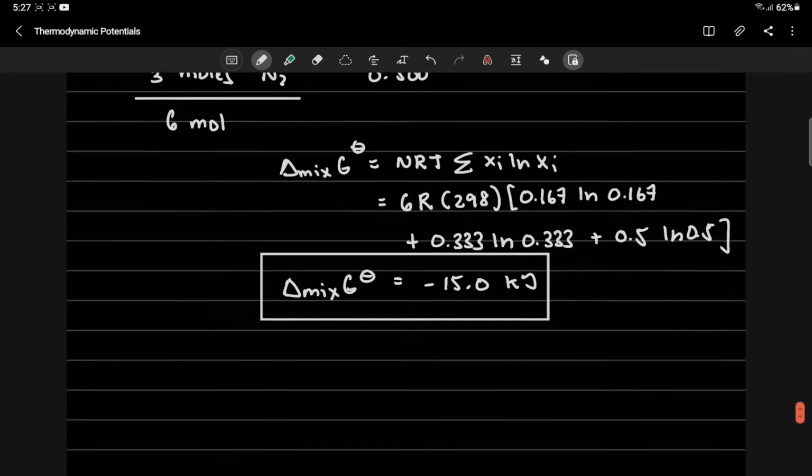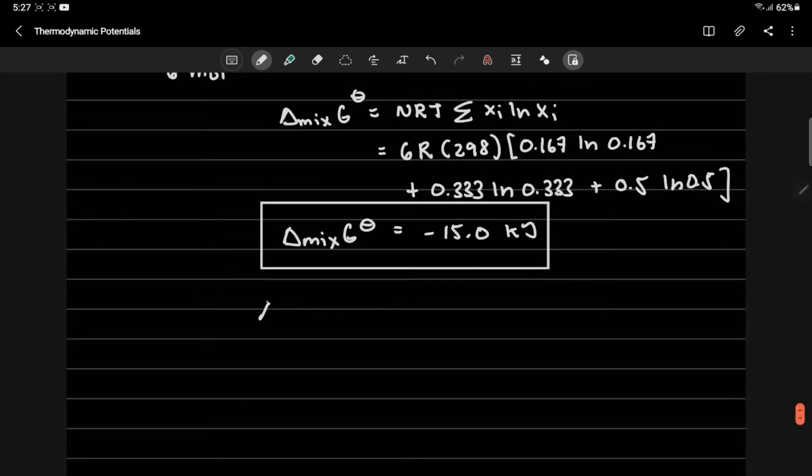If you are also interested in calculating the entropy of mixing, that will be what? The formula is nR times the summation xi ln of xi. Negative to, by the way.